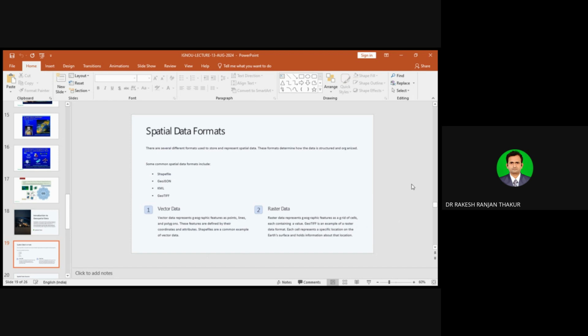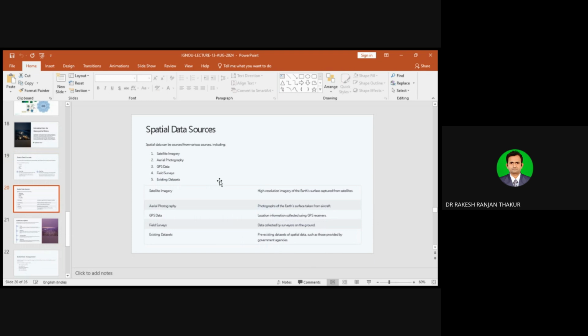An image has pixels, and what is a pixel? A pixel is the smallest unit of an image. Any satellite image is a very good example of a raster data set. Then in vector we have points, lines, and polygons. These features are defined by their coordinates, and a shapefile is the best example of vector data.